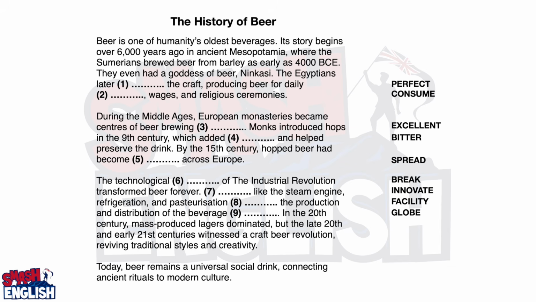Monks introduced hops in the 9th century, which added and helped preserve the drink. By the 15th century, hopped beer had become across Europe. The technological of the Industrial Revolution transformed beer forever. Like the steam engine, refrigeration, and pasteurization, the production and distribution of the beverage.